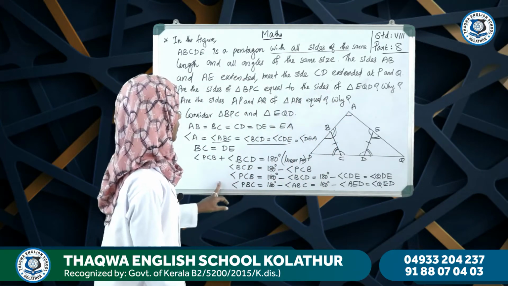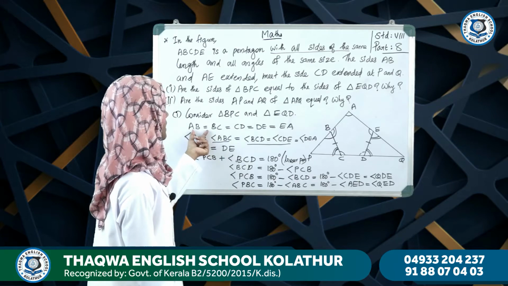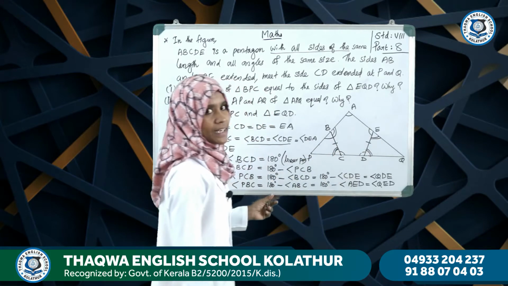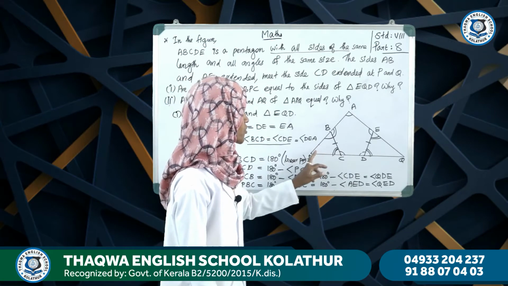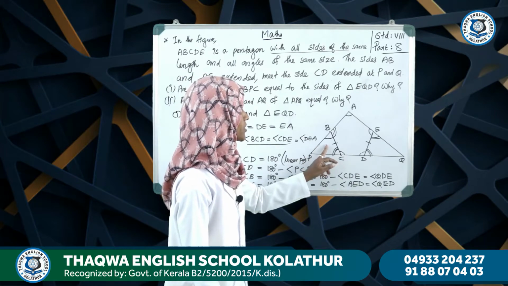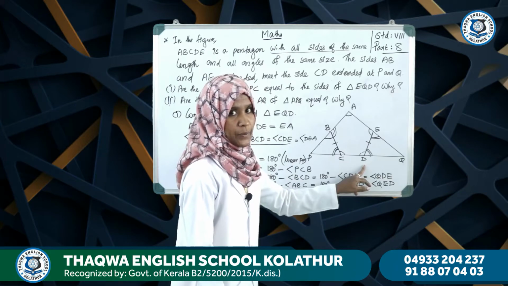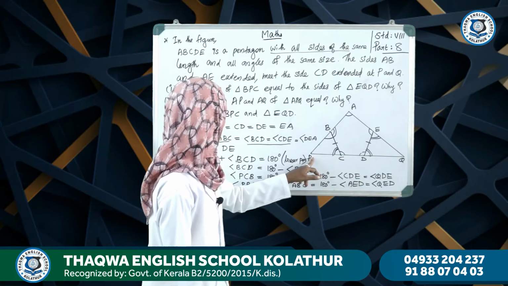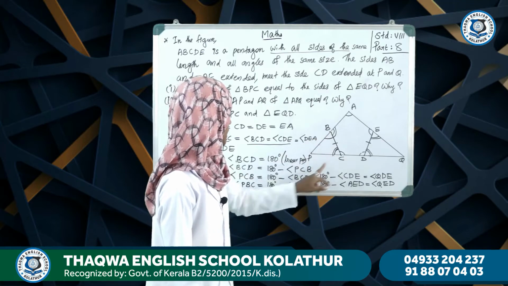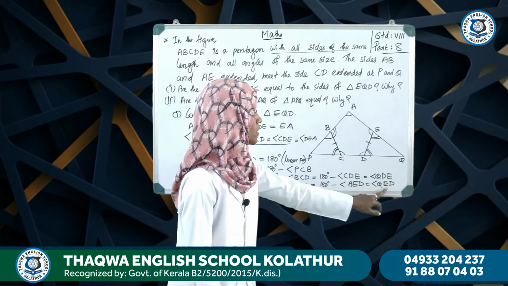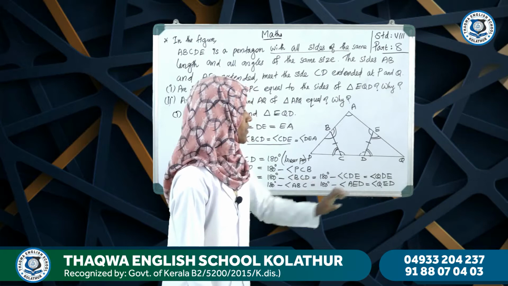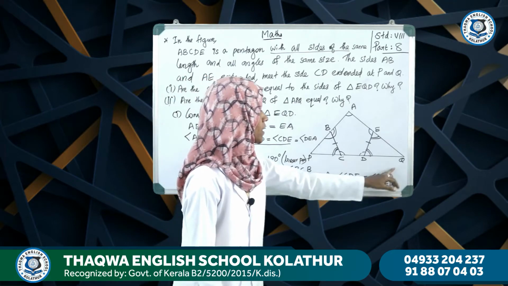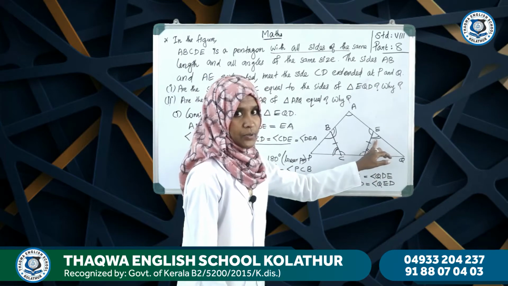Okay. So what we get? The side BC and DE are equal in triangle BPC and triangle EQD. And the angles, angle PBC equals angle QED. Also, angle PCB equals angle QDE.